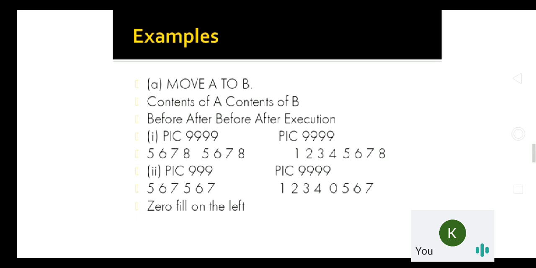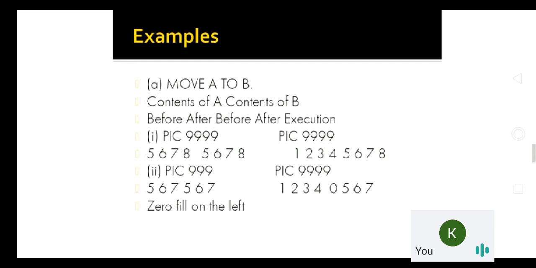You have one more example. See here, for identifier A you have the picture clause 999, and for the receiving field you have the picture clause with four 9s. Now we are going to send the value 567 to the identifier B. Generally we fill from right to left, from the rightmost position to the leftmost position. We fill in 567, and the leftmost 9 doesn't have any value, so it will be filled with 0.